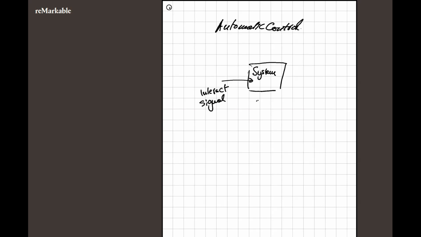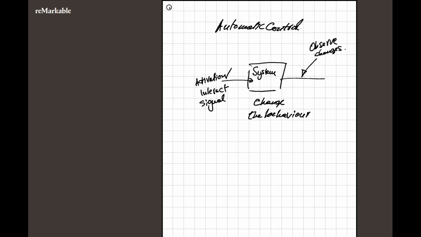By applying a certain interaction signal, or activation, we change the behavior. And this system can also be monitored somehow, so we can observe changes.